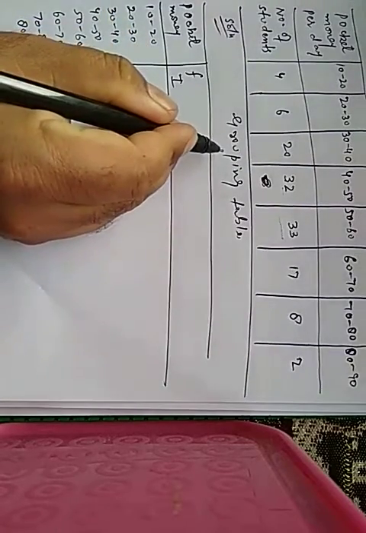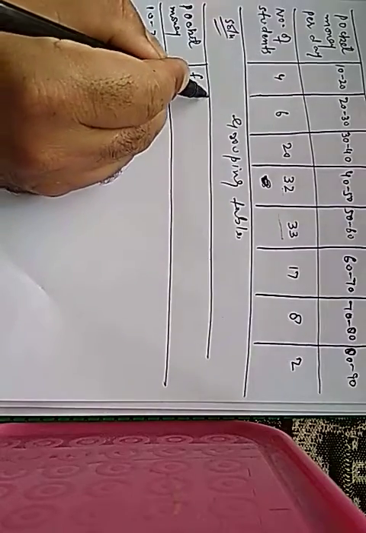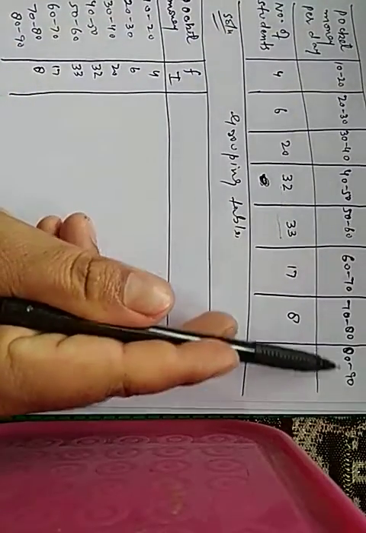This will be the first column of this grouping table, which starts from the given frequencies: 4, 6, 20, 32, 33, for 60 to 70 it is 17, 8, and for 80 to 90 the frequency is 2.